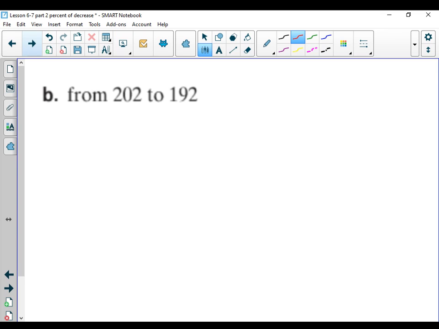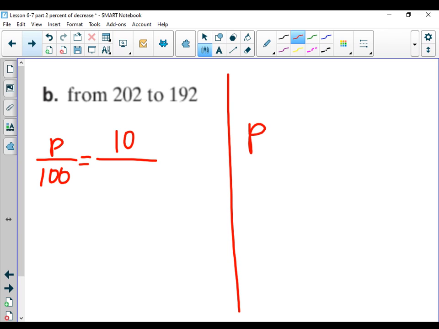What was their percent of decrease? What did their weight change anyway? 10 pounds. What'd they start out at?